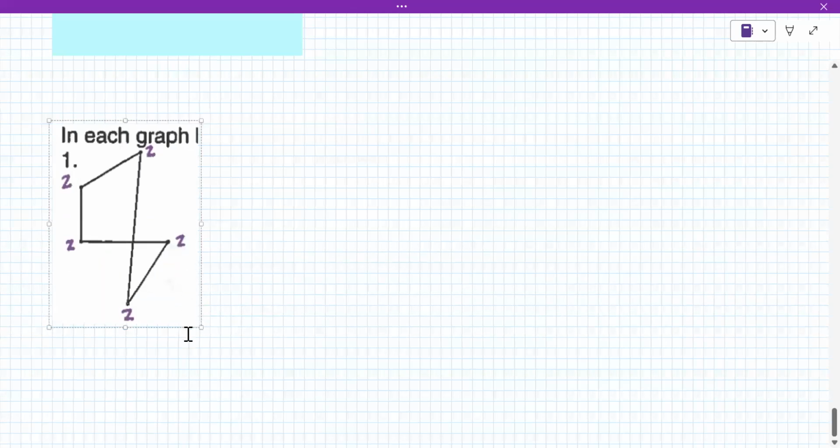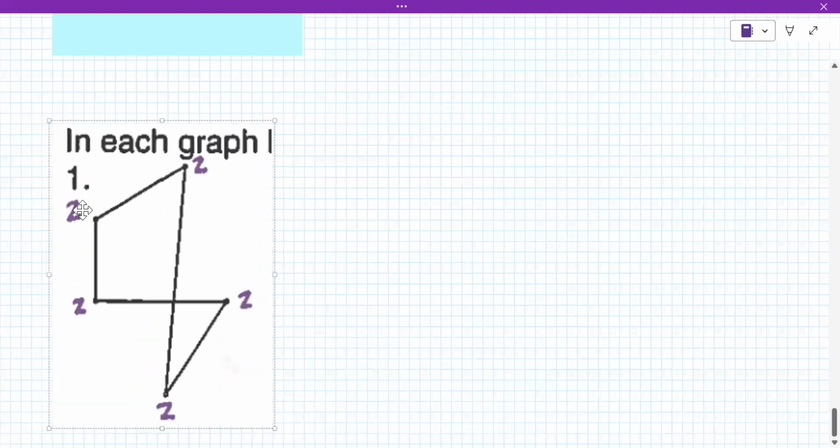All right, so we're looking at this, and it's already been labeled for the number of vertices. I want you to see if you think you can trace a path. You can, it's a circuit.